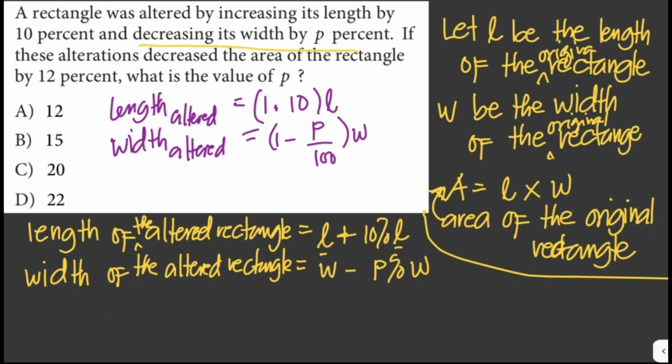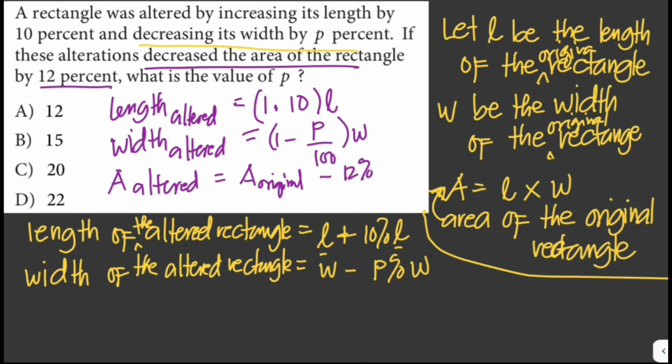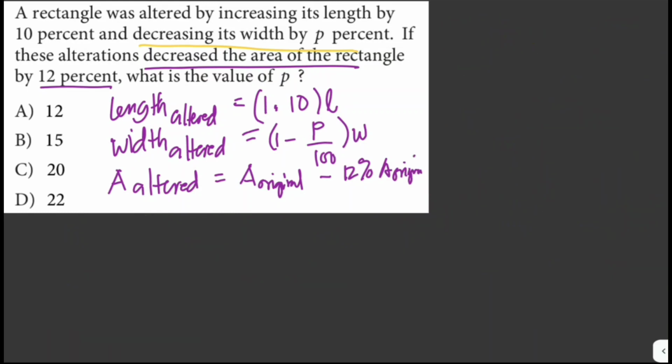And it also says here that these alterations decreased the area of the rectangle by 12%. So the area of the altered rectangle is just equal to the area of the original minus 12% of the area of the original rectangle.